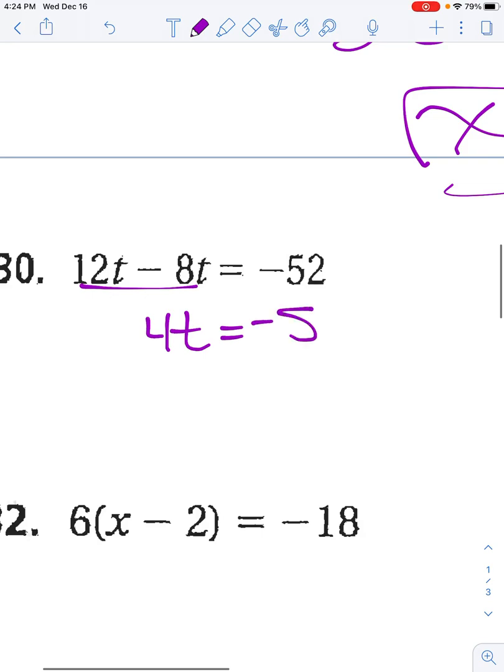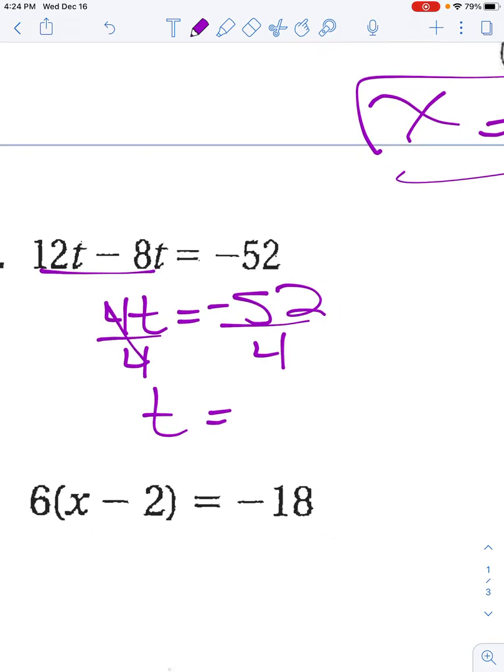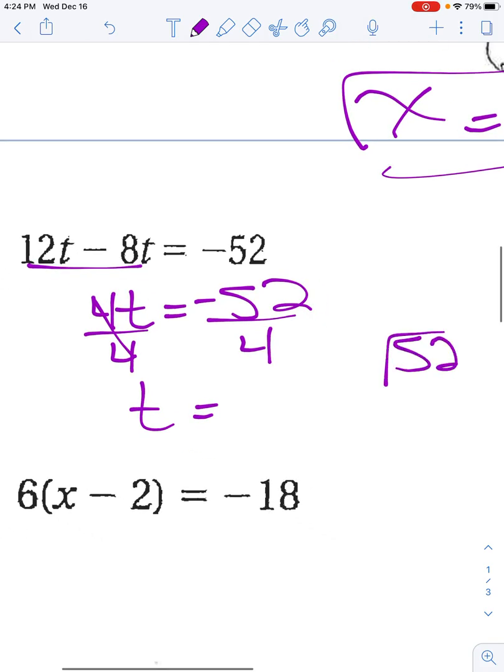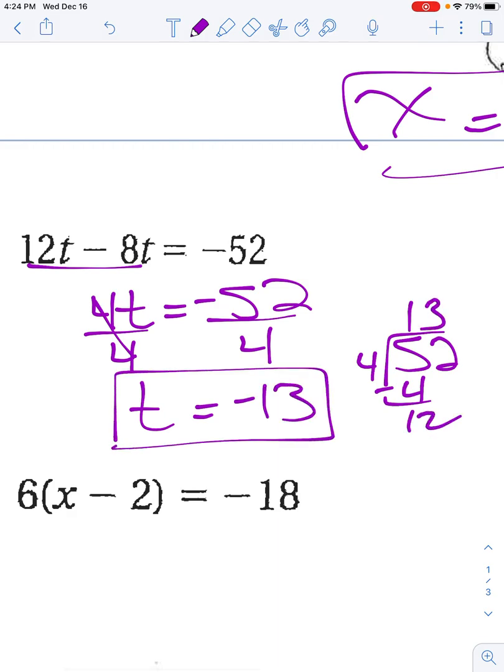That's 4t equals negative 52. Now, that's just a one-step equation. 4 times something is negative 52. That says multiply, so do the inverse. Divide by 4. 52 divided by 4 is 13. And it's going to be a negative 13, a positive and a negative.